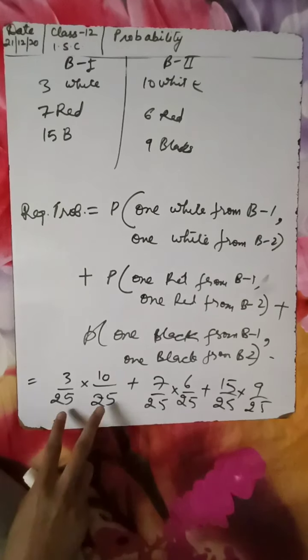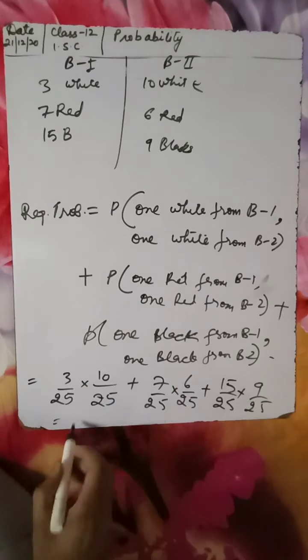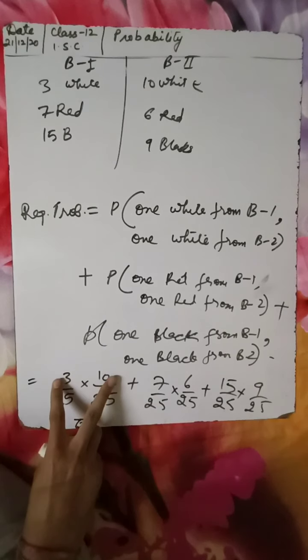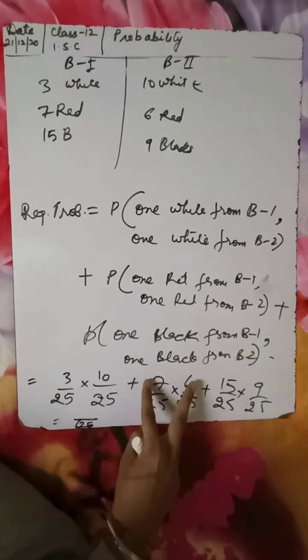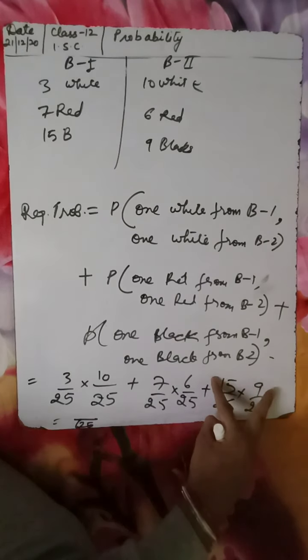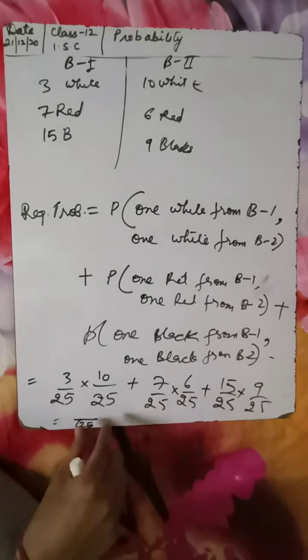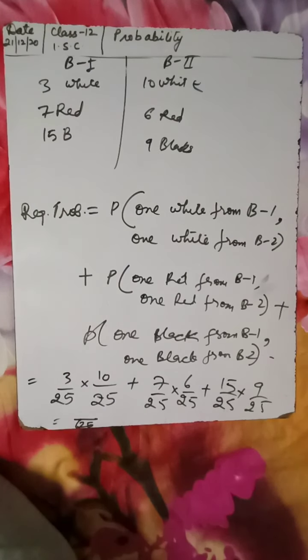The denominator is the same, 625. 3 into 10 is 30, 7 sixes are 42, and 15 into 9 is 135. So 30 plus 42 plus 135, just add it and get the answer.